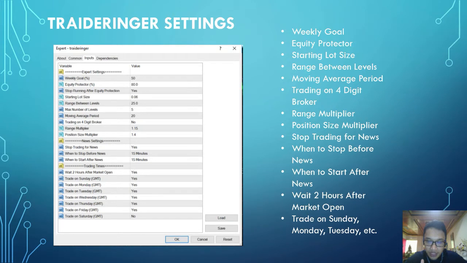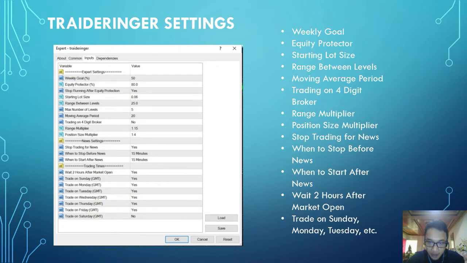The range multiplier multiplies the set range level. Let's say for this example, the range between levels is 25, and our range multiplier is 1.15. So we just multiply 25 by 1.15. That's about 29, meaning the third order would be 29 pips from the second order.